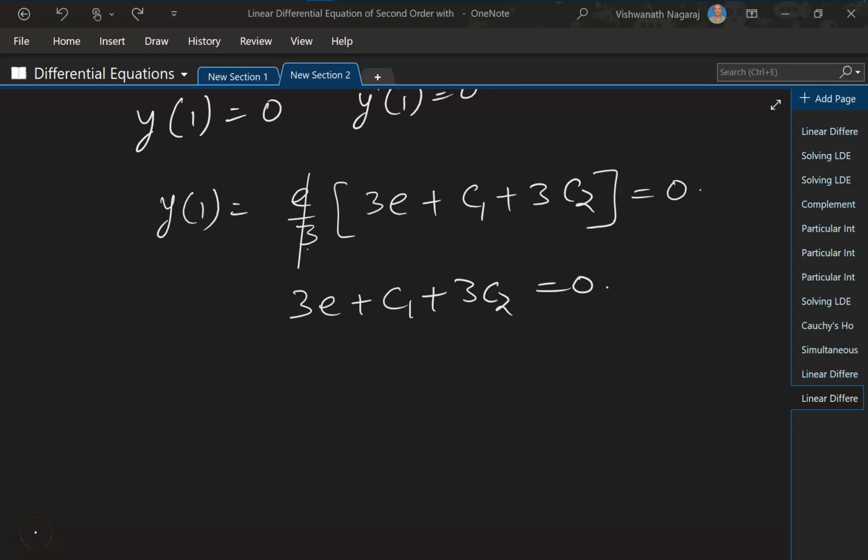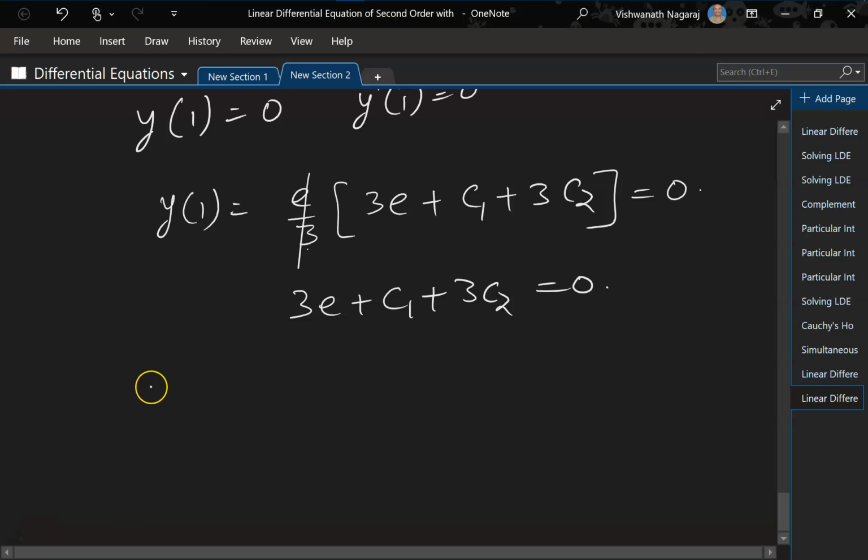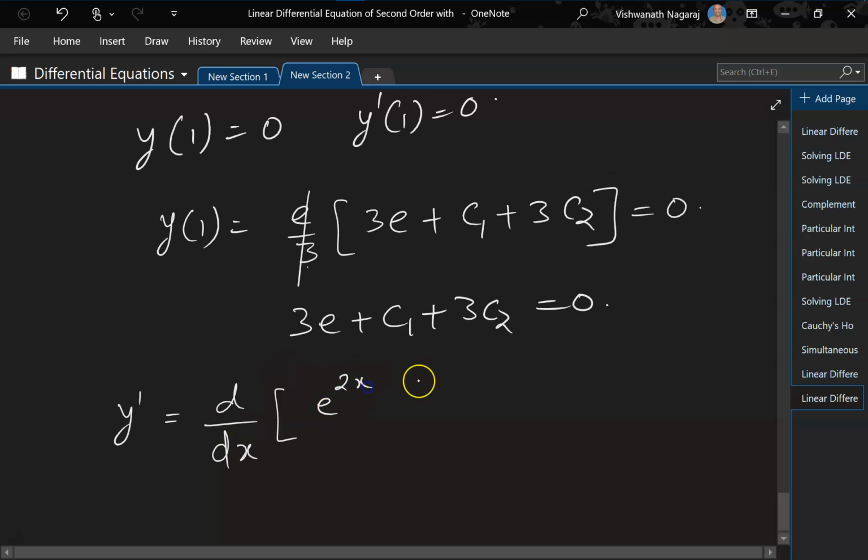Now the other information provided to us is y prime of 1 equal to 0. So first let's figure out y prime. Y prime is going to be the derivative of e to the power of 2x plus c1 x cube e^x by 3 plus c2 e^x.